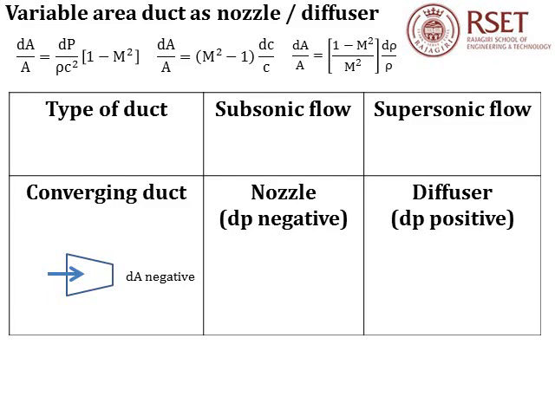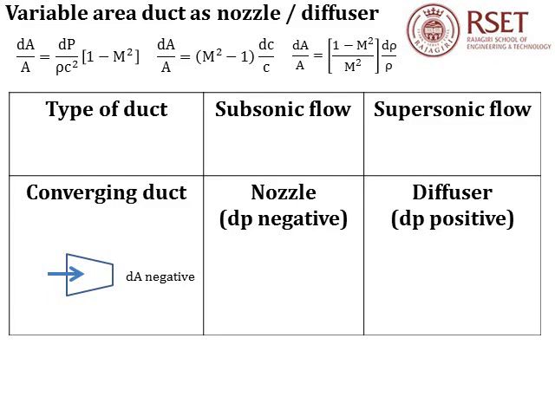Now consider a supersonic flow passing through a converging duct. For a supersonic flow, 1 minus M squared is negative, and M squared minus 1 yields a positive value. The duct is a converging duct, so dA value is negative.